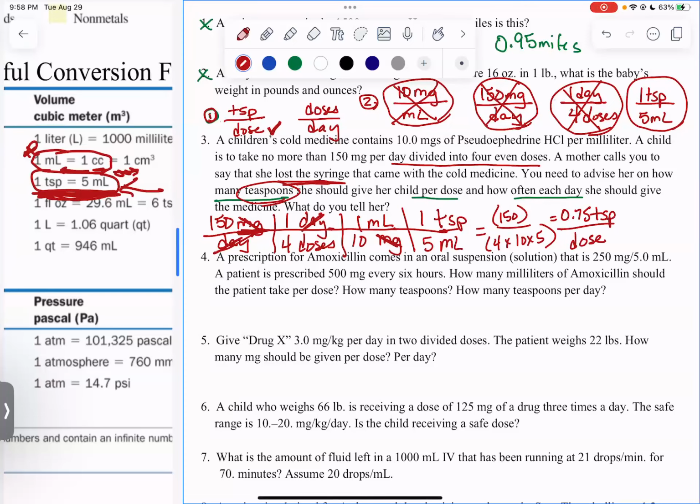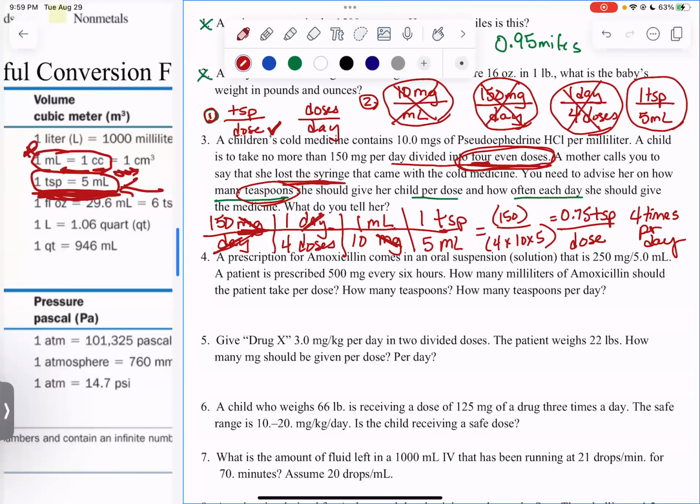So it's really like 3/4 of a teaspoon per dose, right? And the other part is how many doses per day. Well, this is really easy. It just told you. You need it in 4 even doses. So you should give 3/4 of a teaspoon 4 times a day. So that second one, you didn't really have to do the math. You just kind of had to read.